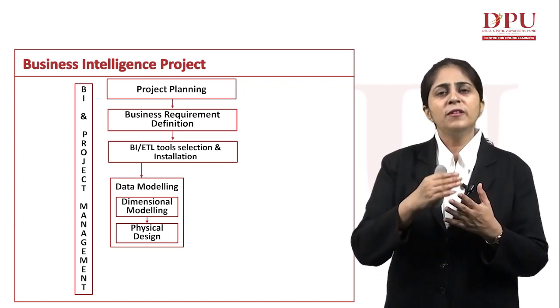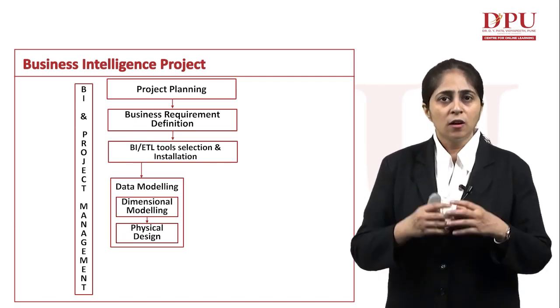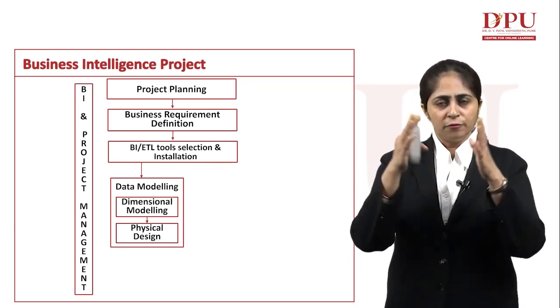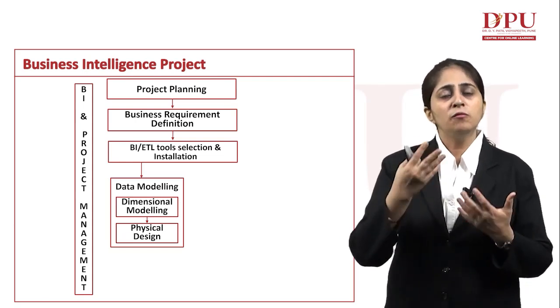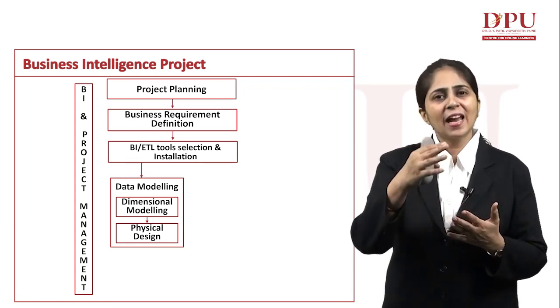Dimensional modeling, like that, we have to analyze what all dimensions are required for the analysis of any particular thing. Like if there's a supermarket, on the basis of what all dimensions we can view or generate the reports. Like we can have the time dimension.